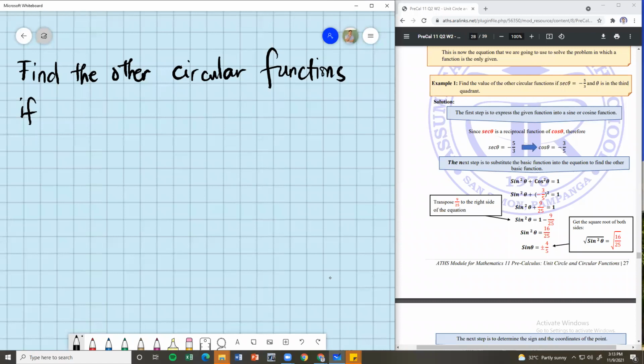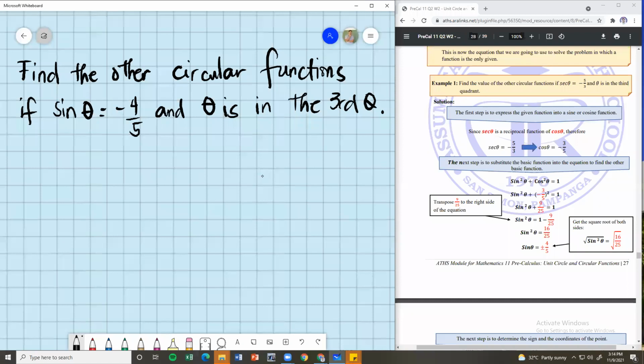If sine theta is equal to negative 4 over 5 and theta is in the third quadrant.